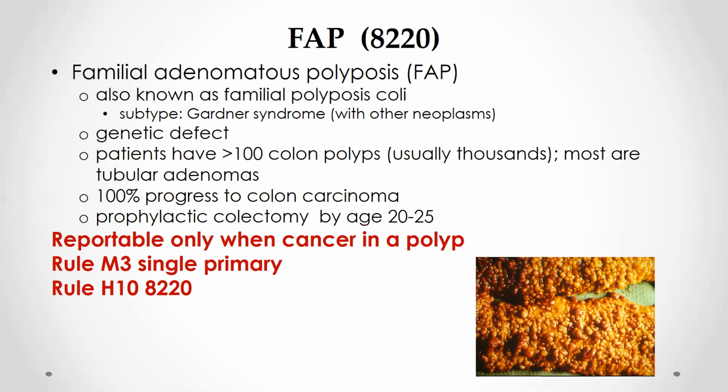So if they've done a biopsy and they say FAP, that's not reportable until you actually have proven cancer. And it's rule M3. These are single primaries. It doesn't matter how far through the bowel these are. It's just that genetic condition. And then rule H10 gives you the histology that it is a specific histology for these.